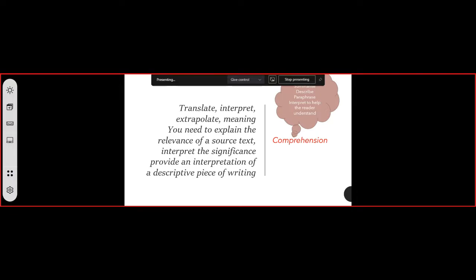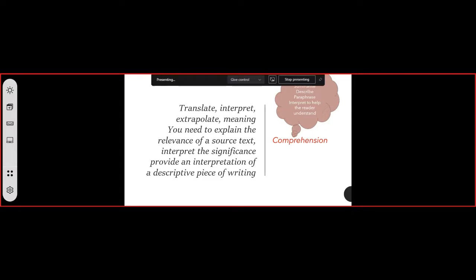Going up one level, comprehension. This is where we want to help our reader understand. And yeah, we want to translate, interpret, extrapolate meanings. And you need to explain the relevance of your source text, interpret the significance, provide an interpretation or a descriptive piece of writing.